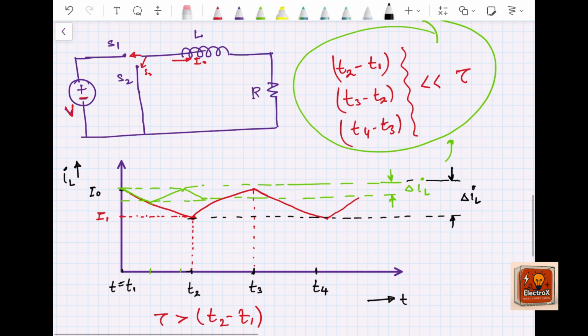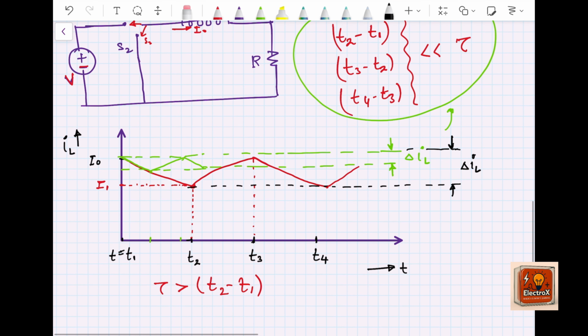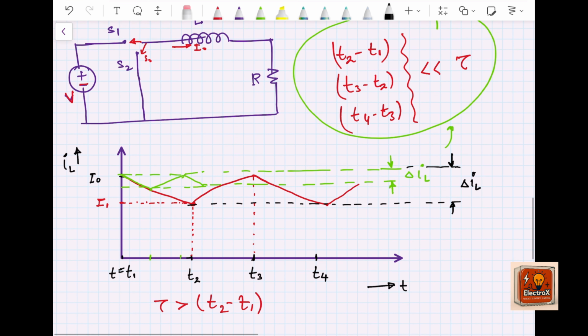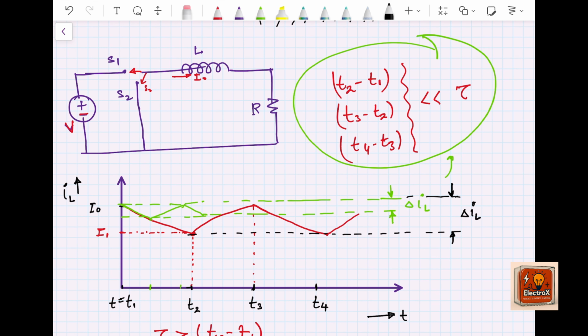Why is this concept important? It is important to understand the behavior of power converters such as the buck converter, boost converter, and other kinds of converters, because inductors and capacitors are considered the building blocks of these converters, which store and release energy, or sometimes resonate energy from one end to another, and with the help of that we can convert the voltage level from input to output.